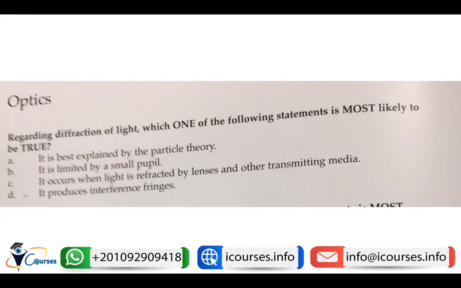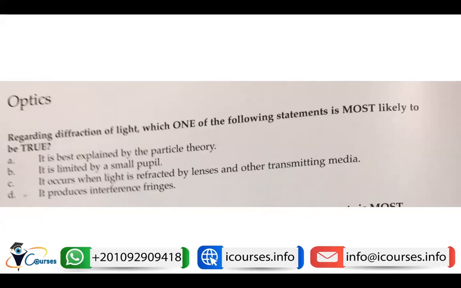Okay, let me give you a clue. Is the diffraction of light limited by a small pupil, meaning will the diffraction decrease with a small pupil? Do you think the diffraction will be decreasing with a small pupil?